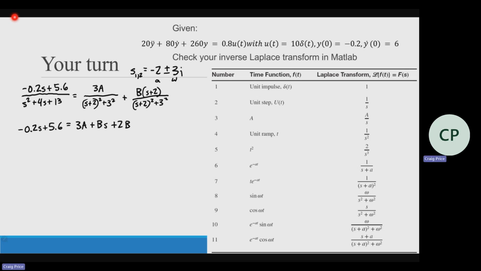Should just have 3A. Wait, oh, those aren't the roots. Wait. By 2, I see. I think it is 2. Yeah, because 6 plus, yeah, you're right. All right. Have one complete, very nice.